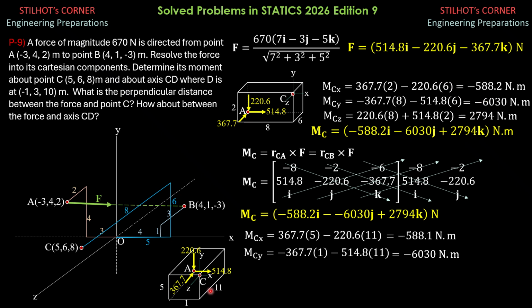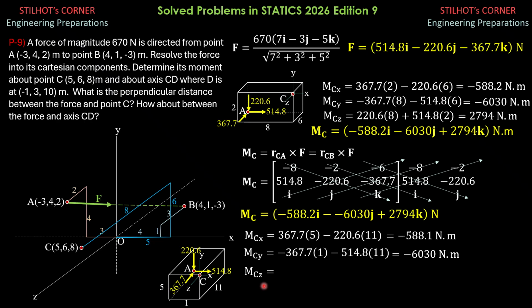Then MCz is positive in that sense. So don't mind 367.7. So 514.8. So if you look at this, both would be counterclockwise. So 514.8 times 5 positive, then 220.6 positive also, counterclockwise about C. We are now in front, so we can easily visualize it.